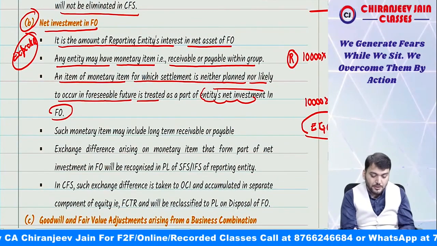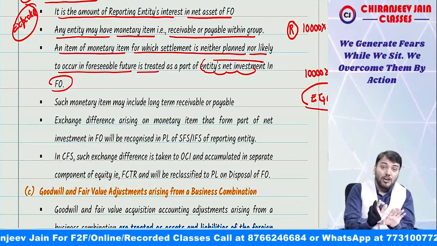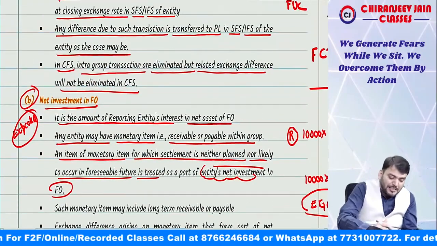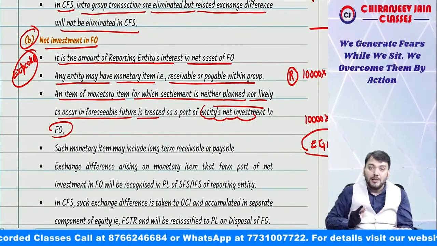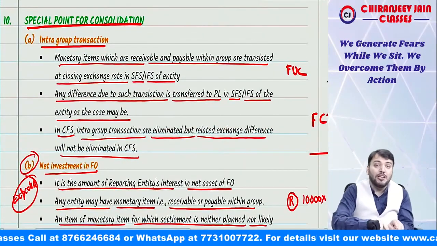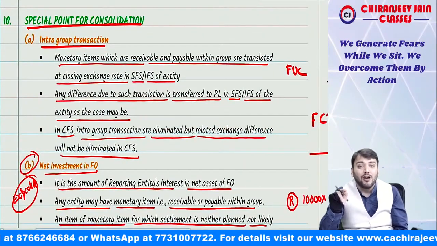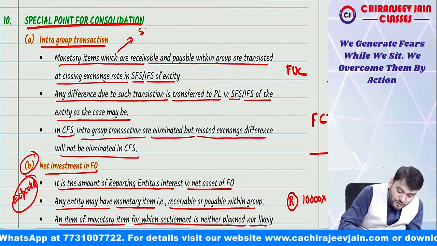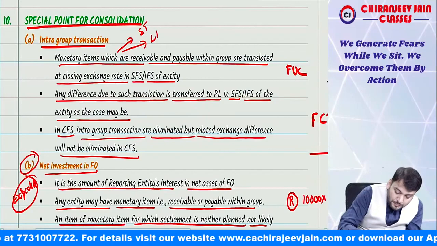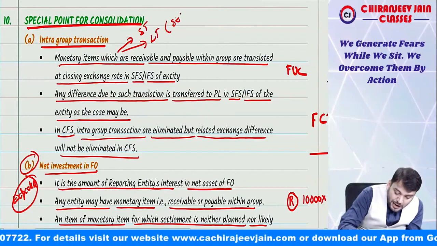Correct? Understood? Now what they say is that these are monetary items, but there will be some difference between point number 1 and point number 2. Point number 1 is a monetary item but not a part of net investment in FO, meaning these are either short term or long term for which settlement is planned.